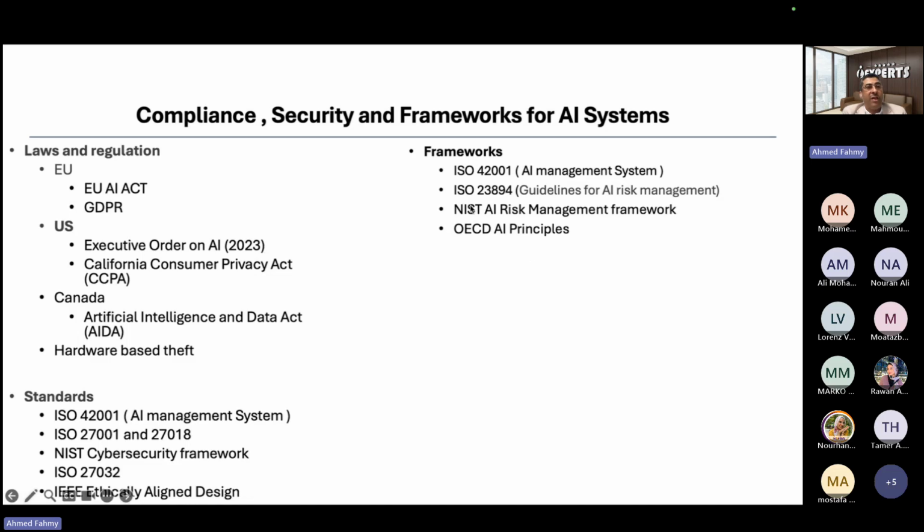So there is no unified law, act, or regulation controlling how to use and develop AI solutions around the globe, but there are efforts here and there that I believe will get unified at some point. Maybe in the near future we may say there is a unified, common framework or act controlling AI around the globe. But these are the existing regulations and security frameworks handling those AI risks nowadays.